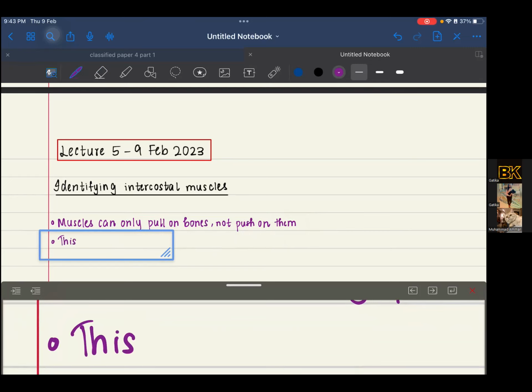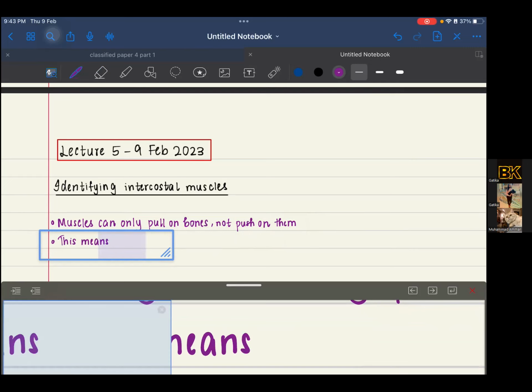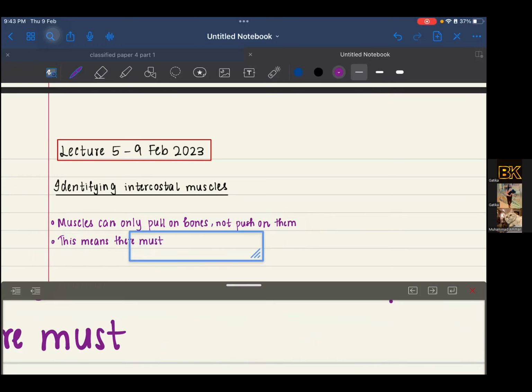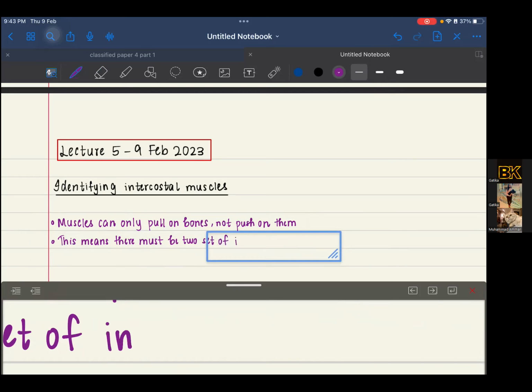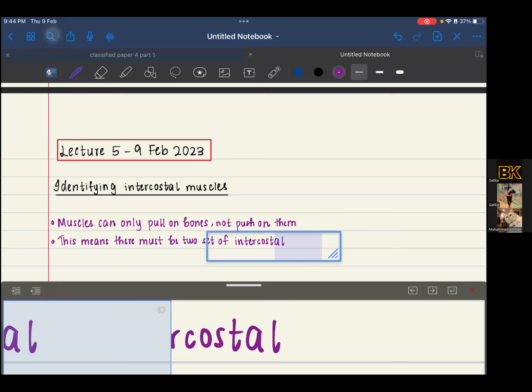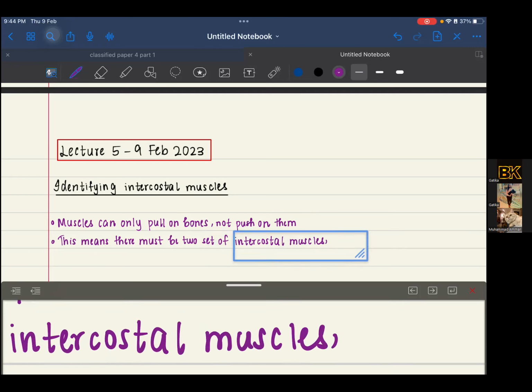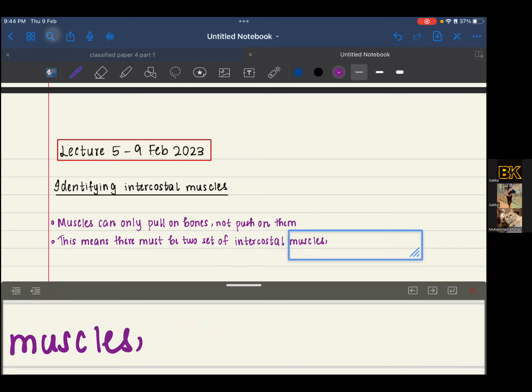The second point is, this means there must be two sets of intercostal muscles. One to pull the rib cage up.